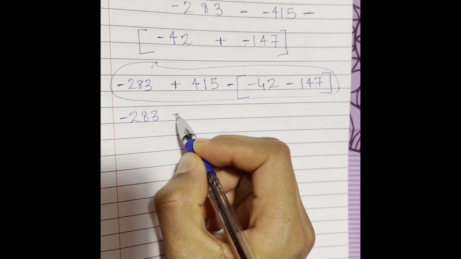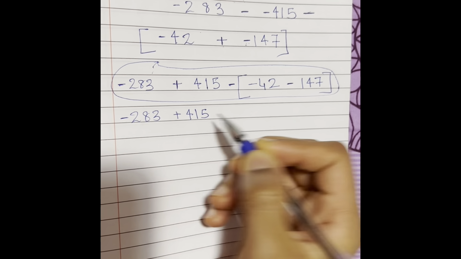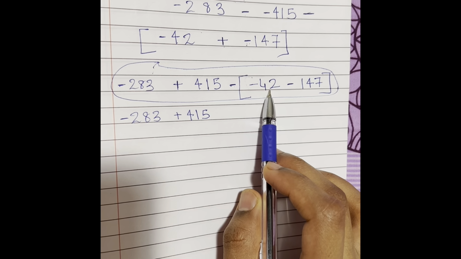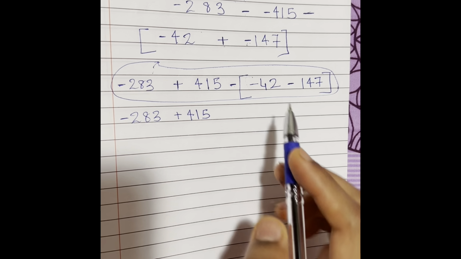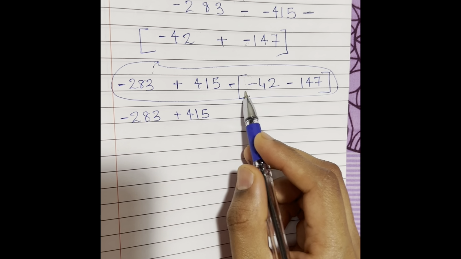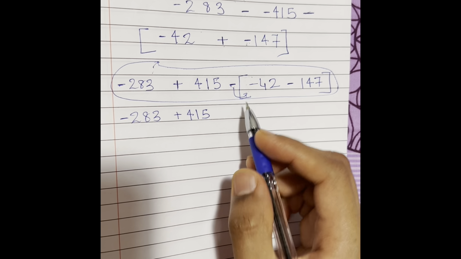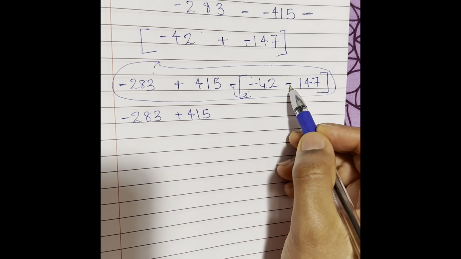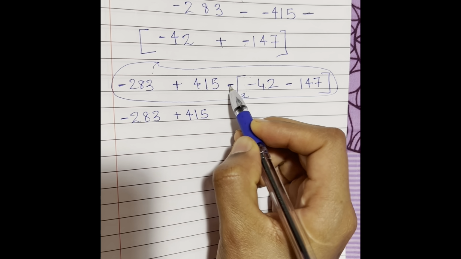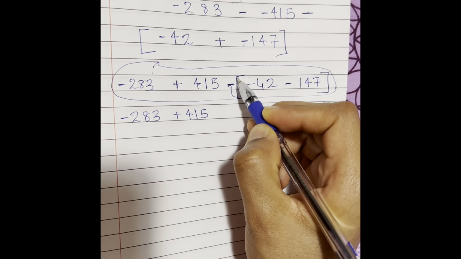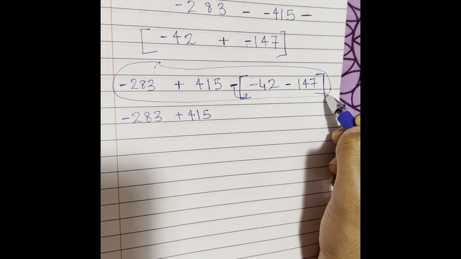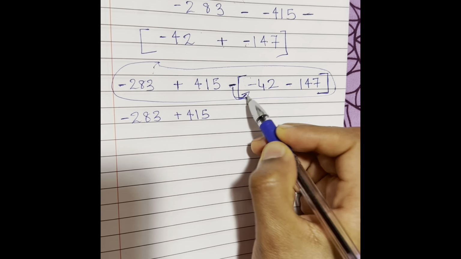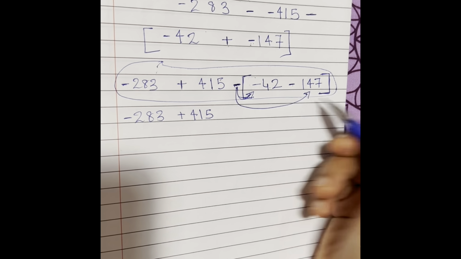Plus 415. Now we see a bracket here, so I told you we have to open the bracket, taking this minus sign inside the bracket. So how does it become? Minus minus 42 minus minus 147. Because it's outside the bracket, this minus is going for both minus 42 as well as minus 147.